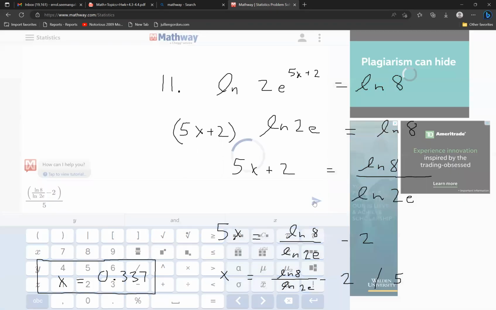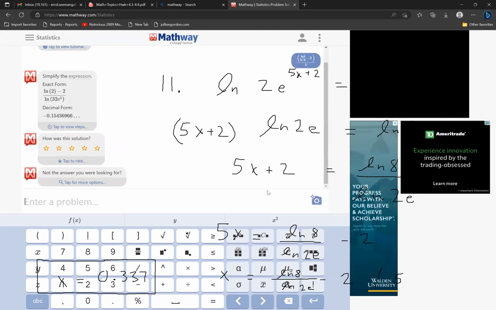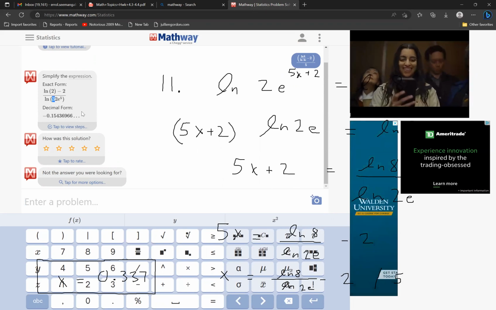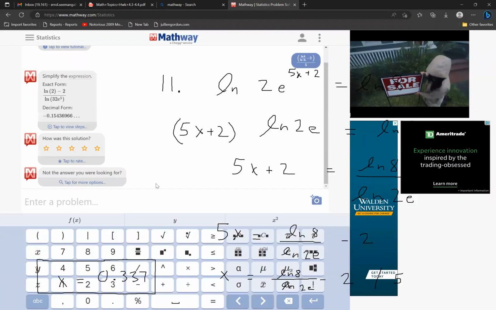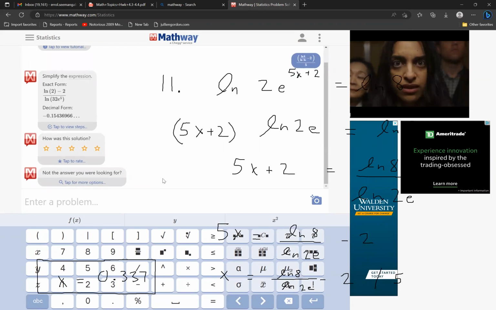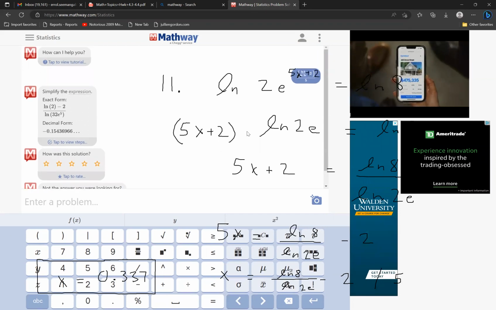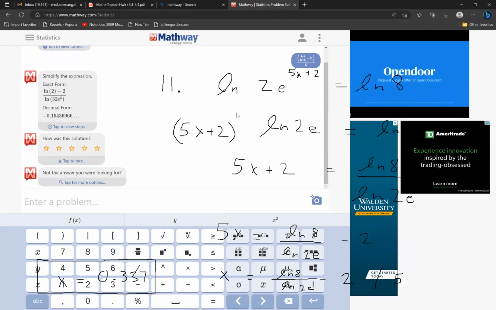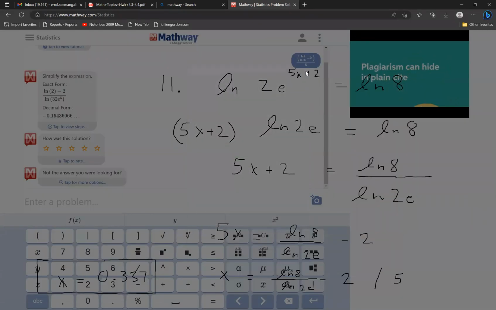Let's see what that equals. No, that's not right. Oh, they're subtracting 2 in the top. That's not what I want.